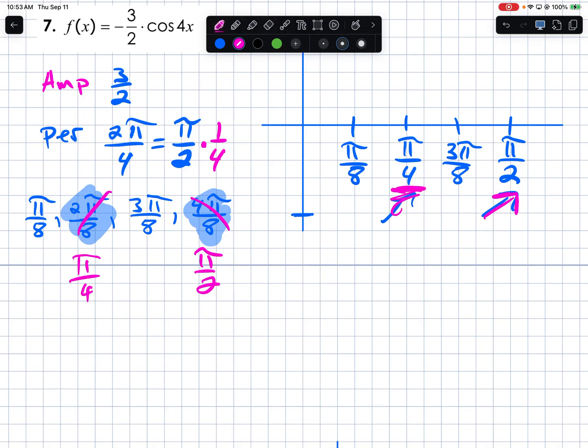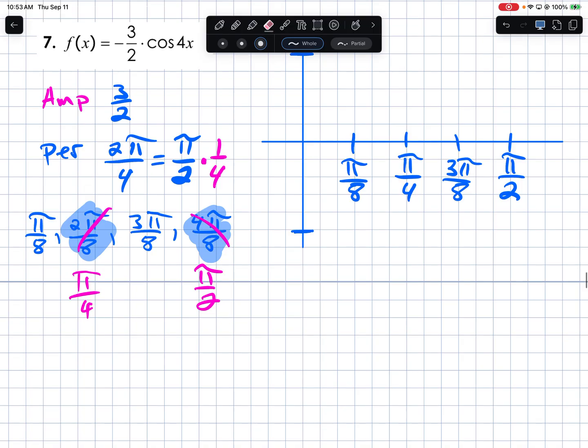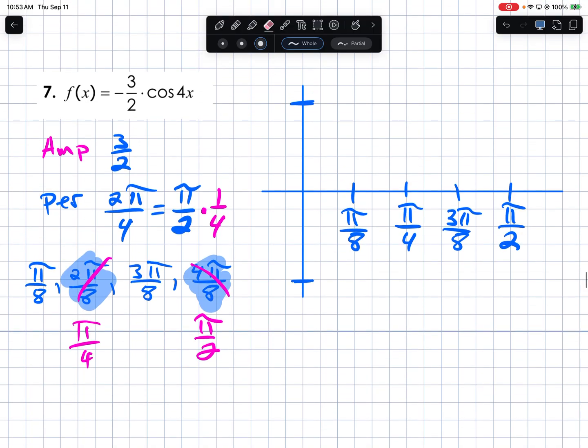So see if you can draw the graph. Probably in pencil would be a good idea. Pay attention to that negative. Right, so I'm just going to say 3/2 is 1.5 and just write 1.5 here. You could write 3/2 too, I don't care.